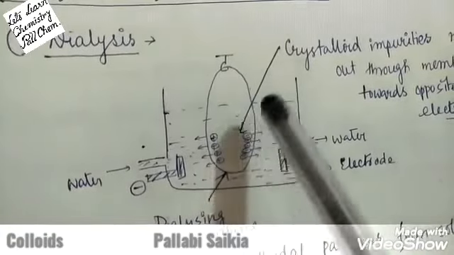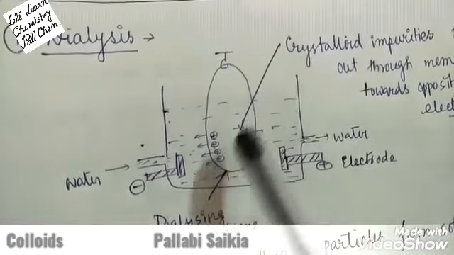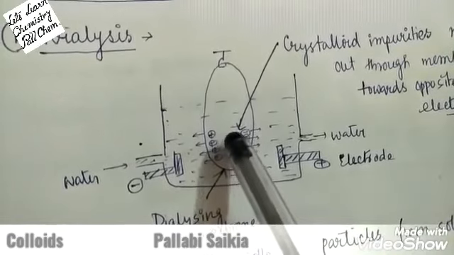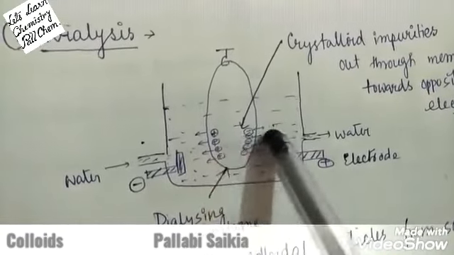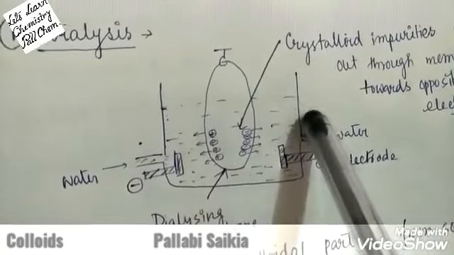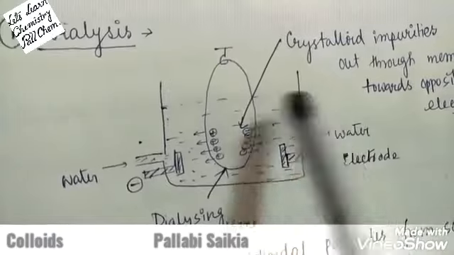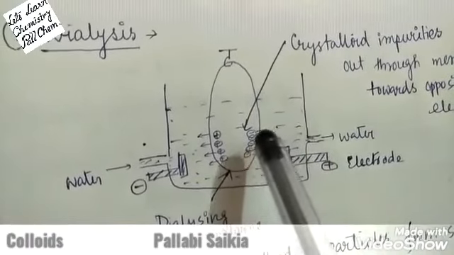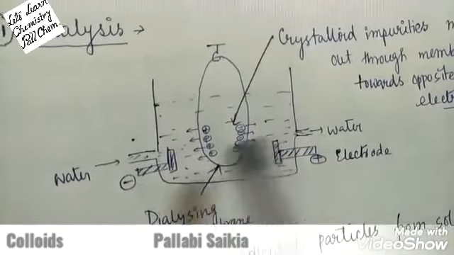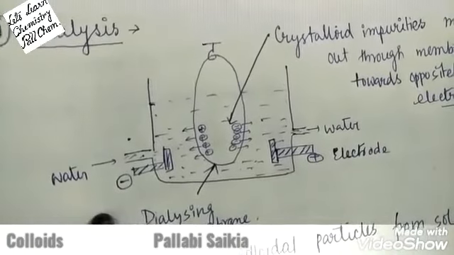If the electric field is applied, here positive, here negative, that is anode, that is cathode. Now depending upon the electric field, the electrolytes, the impure crystalloids, will pass to the solution outside the membrane according to the positive or negative charge of the electrode.